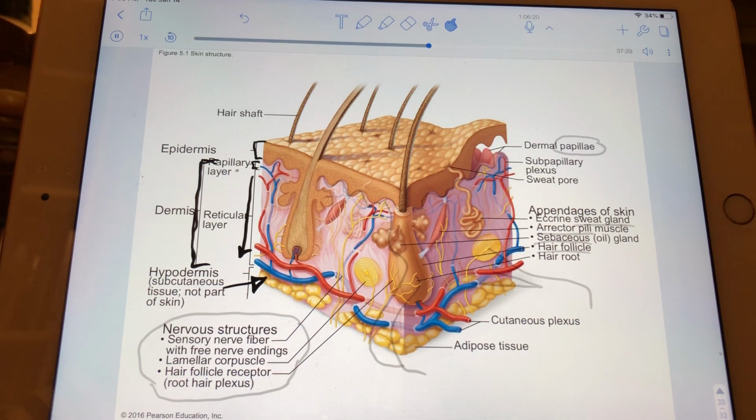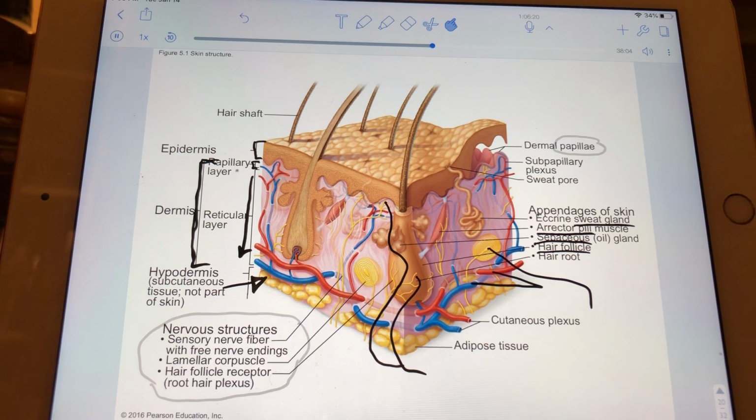We can find sweat glands here. We can find sebaceous glands here. We can find hair follicles here. We can find muscles that are called erector pili muscles. We'll come back to that. We can find certainly blood vessels here, okay? Nerve endings, for instance, this is a nerve ending. This is a nerve ending. Heck, this is a nerve ending.